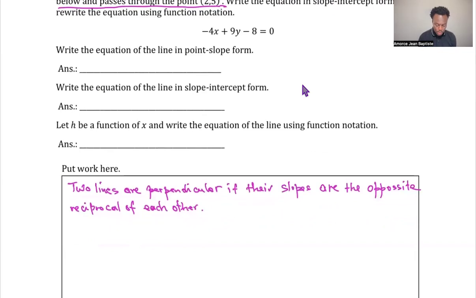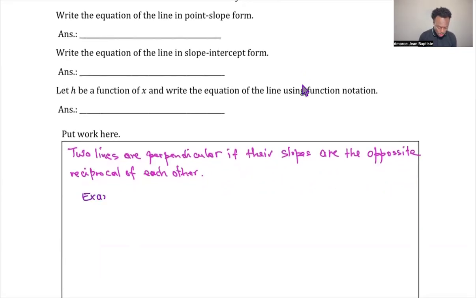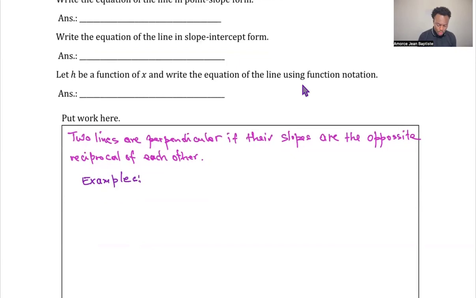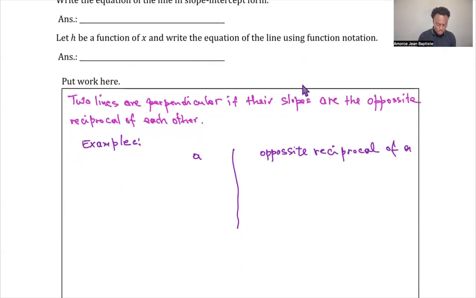Let me give you some quick examples. If I take A, I take the opposite reciprocal of A. So say I take 2, the opposite reciprocal for 2 would be negative 1/2.